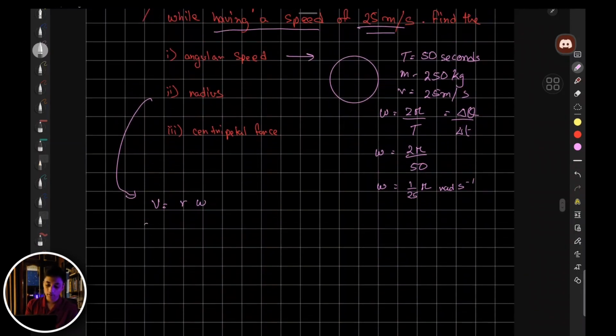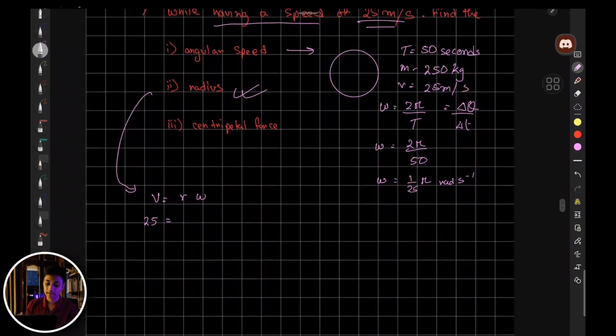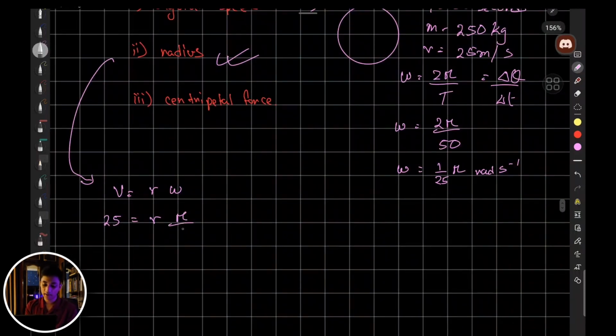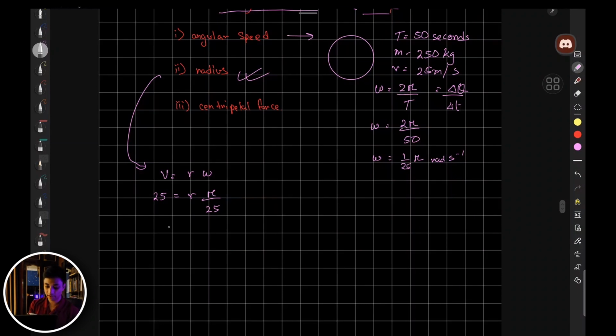So 25 meters per second equals radius, which we don't know. We are trying to figure out the radius. And omega we know, which is pi by 25 rad per second. So from this you will get 25 squared, which is 625 by pi.